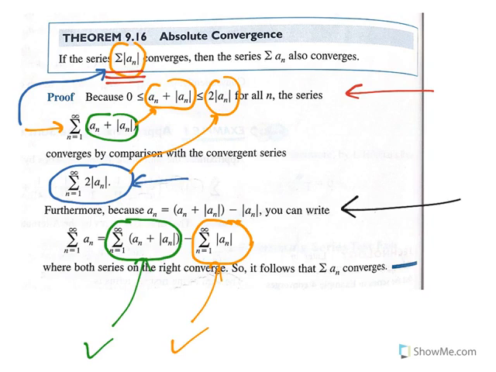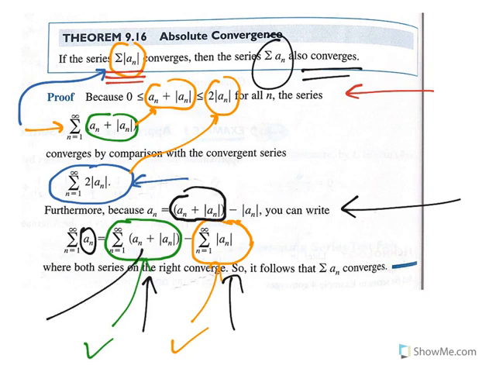This particular line in the proof establishes a relationship between the nth term of the series that we're trying to prove converges and the nth terms of these two series that we now know to be convergent. So you can write a sub n as the difference of a sub n plus the absolute value of a sub n, which is the nth term of this series known to converge, and the absolute value of a sub n, which is the nth term of this series, which is known to converge by hypothesis.